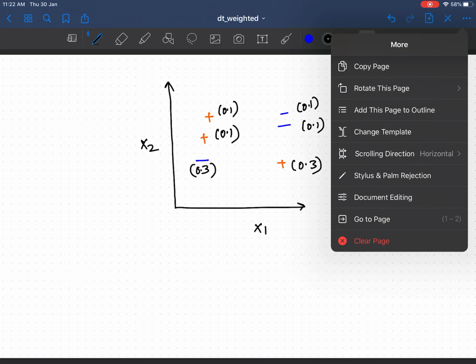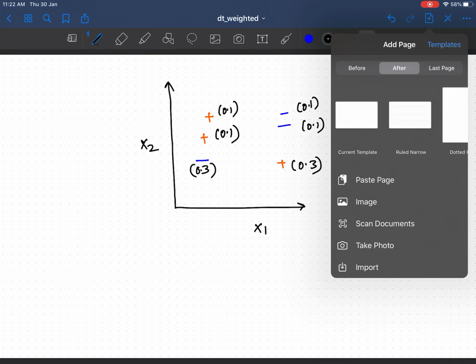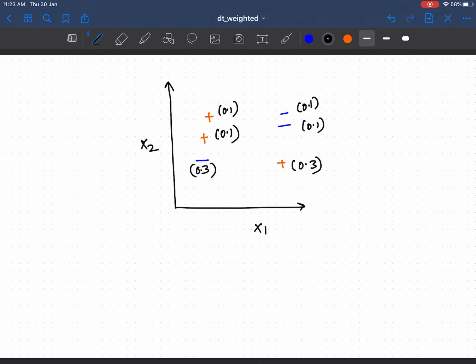Let's now see how we can compute the entropy and find the information gain. What this weightage is suggesting is, let's consider one particular example. Let's look at this highlighted sample of the negative class. It has a sample weight of 0.3.